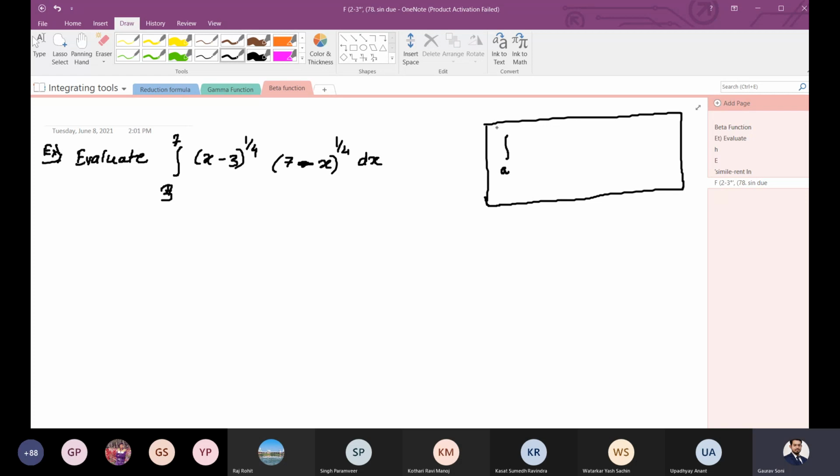When the integration is from a to b of (x minus a) raised to m and (b minus x) raised to n dx, then put the substitution x minus a is equal to (b minus a) into t.